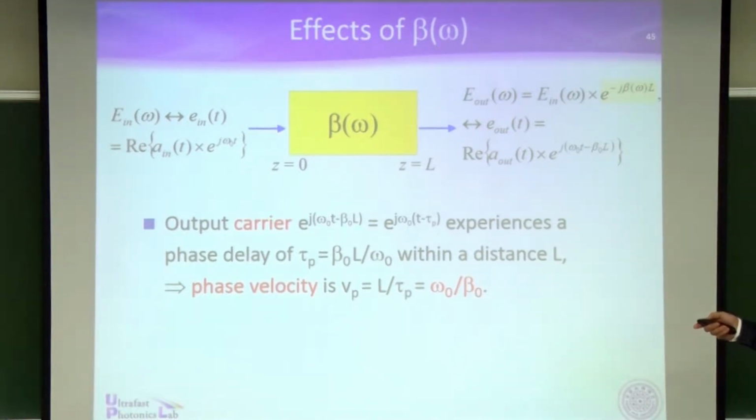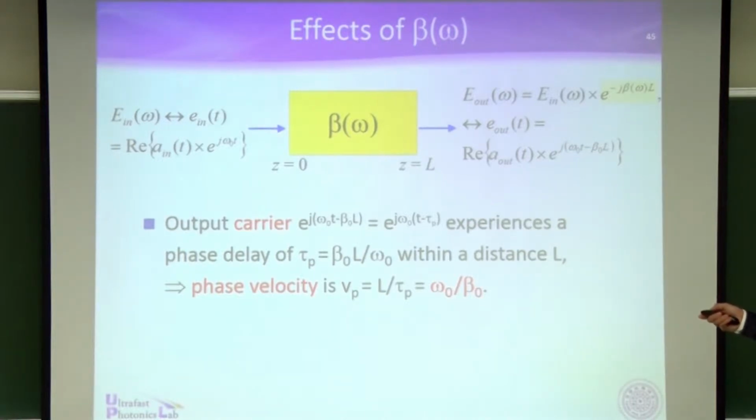The output carrier is this, or can be rearranged as this one. Extract carrier frequency omega 0 out of the parentheses. t is preserved, and beta 0 times L equals omega 0 times tau p. And tau p is beta 0 times L over omega 0. Just a rearrangement.